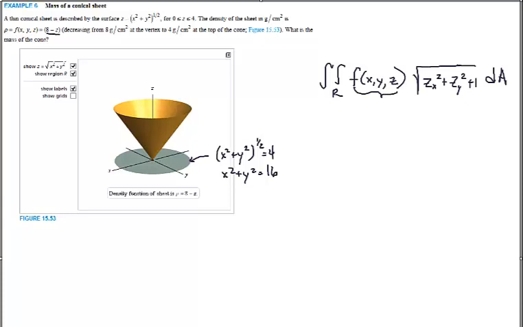Next, what we're going to need to do is a little bit of algebra to get what this quantity here equals. So we're going to use the fact that our z is equal to this. In other words, z squared is x squared plus y squared.